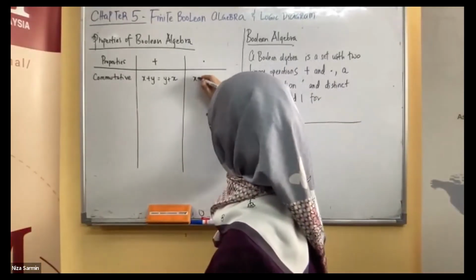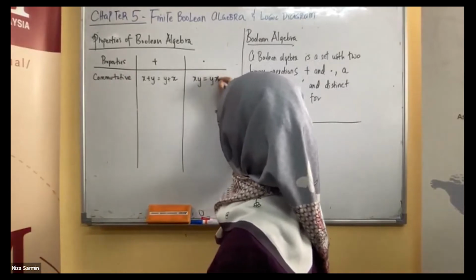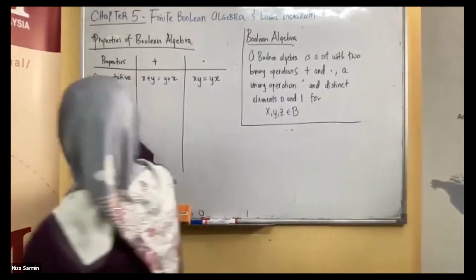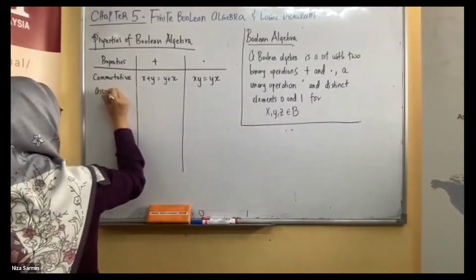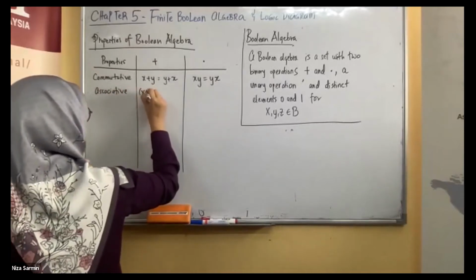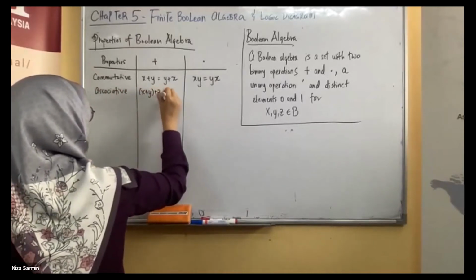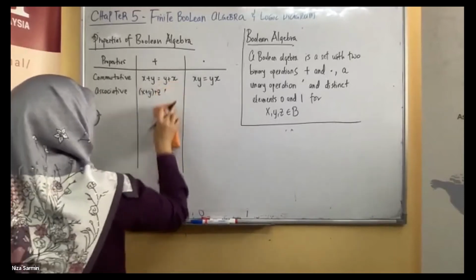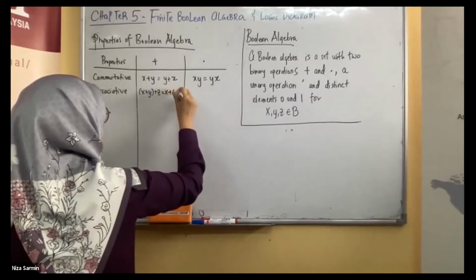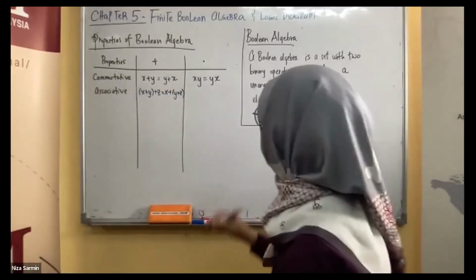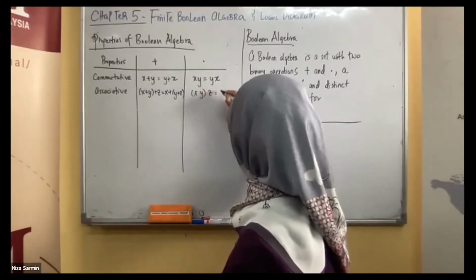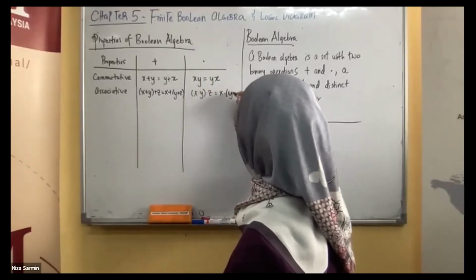And it also is commutative for this one. The next one is associative. So this is X plus Y plus Z is X plus Y plus Z. And for this one, X dot Y dot Z is X dot Y dot Z.